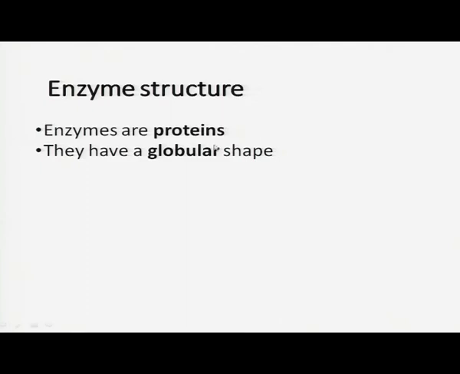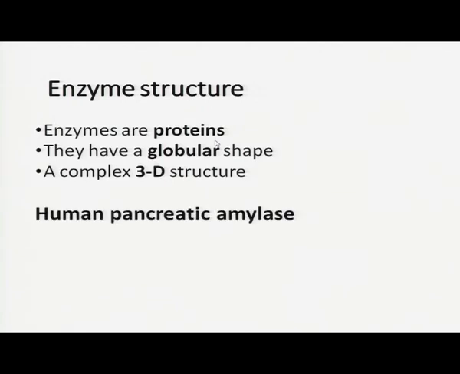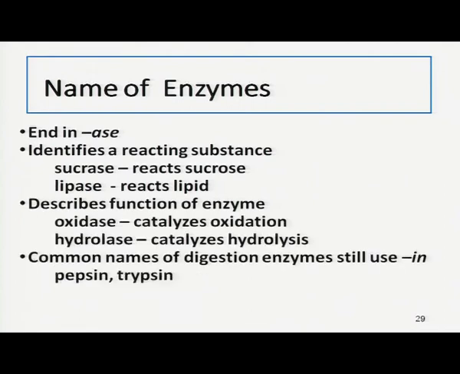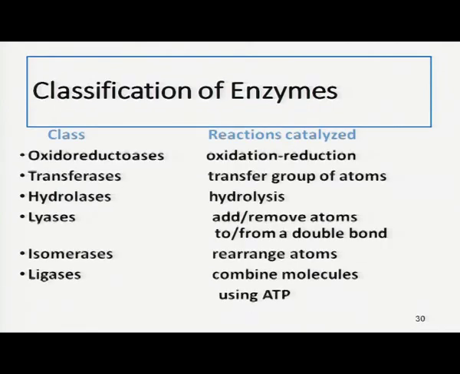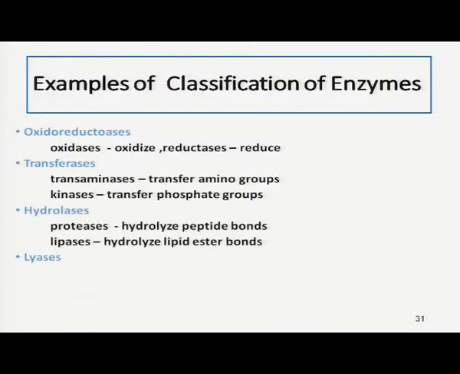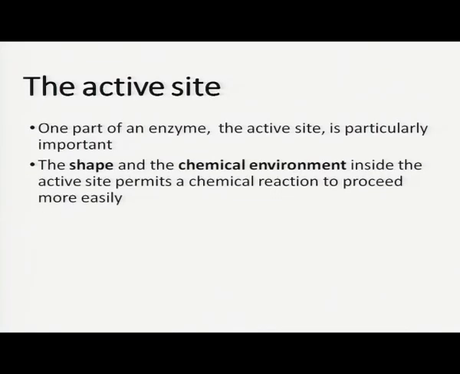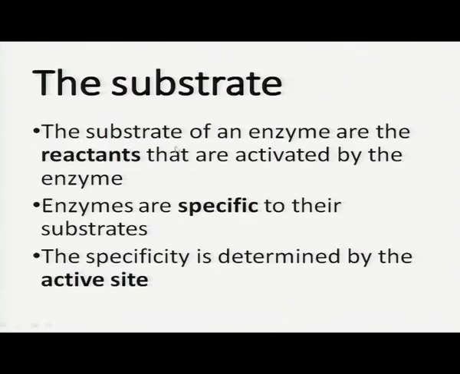The enzyme structure we have already discussed. It is proteinous, globular in shape, with a complex 3D structure, for example human pancreatic amylase. Now, the various factors that are responsible for enzyme action. Substrate: the substrates of an enzyme are the reactants that are activated by the enzyme.